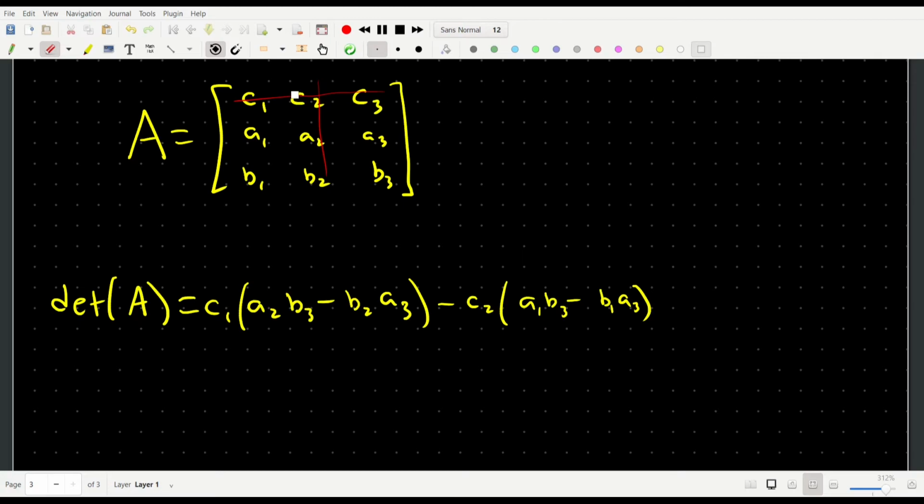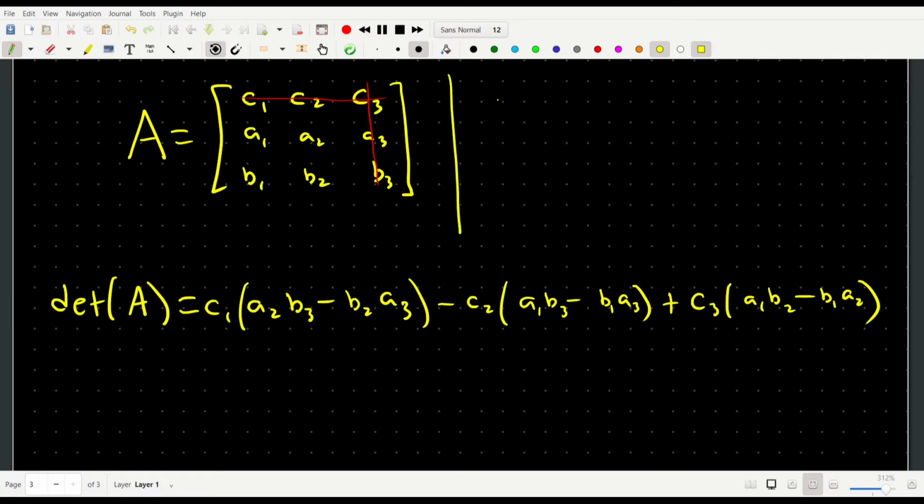And then lastly, our last computation, cross off the first row and the third column, multiply C3 by (A1B2 minus B1A2). So this is how you calculate the determinant of a 3 by 3 matrix.